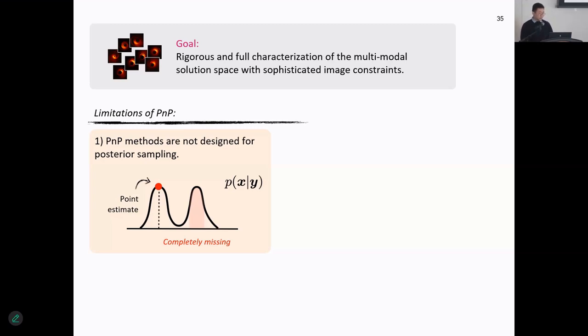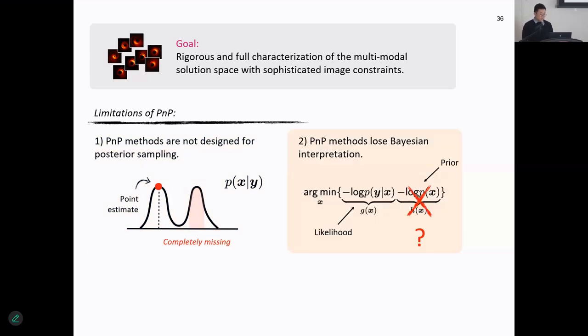So in case of a multimodal distribution, it will miss another mode. The second limitation is that by replacing the proximal map with a denoiser, it loses the Bayesian interpretation, because now we don't know what our log prior is. Without knowing that, we're unable to say anything about the posterior, let alone doing posterior sampling.